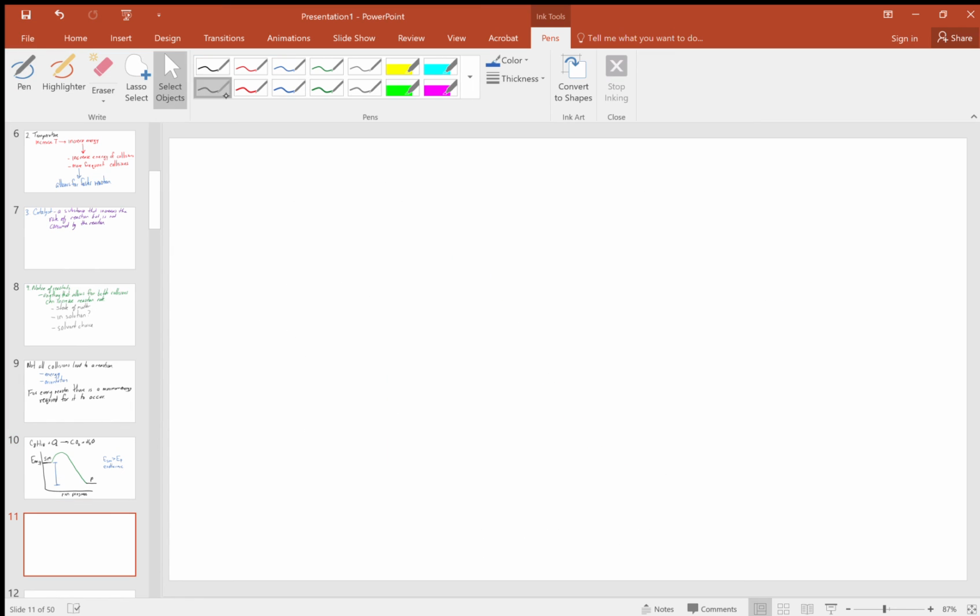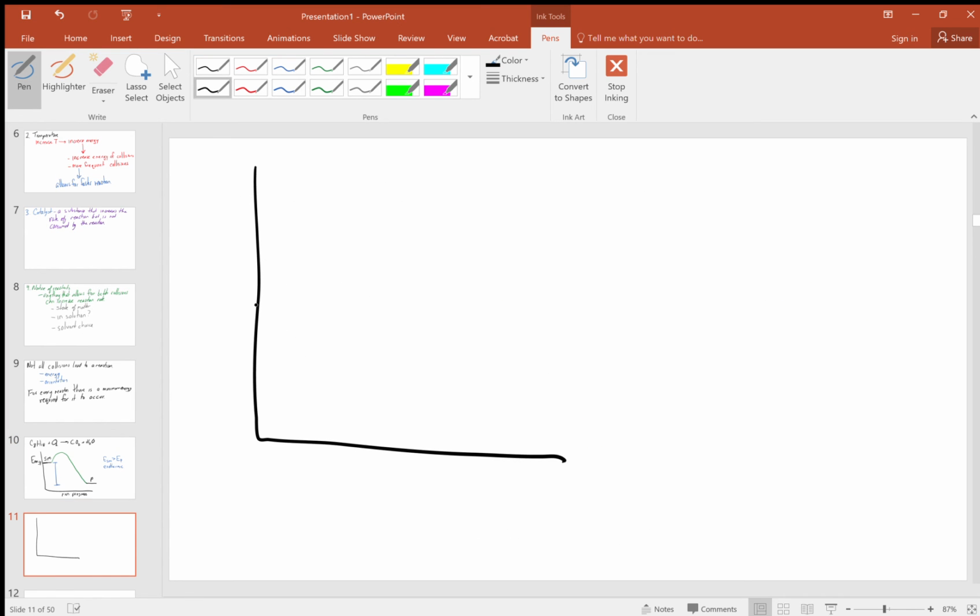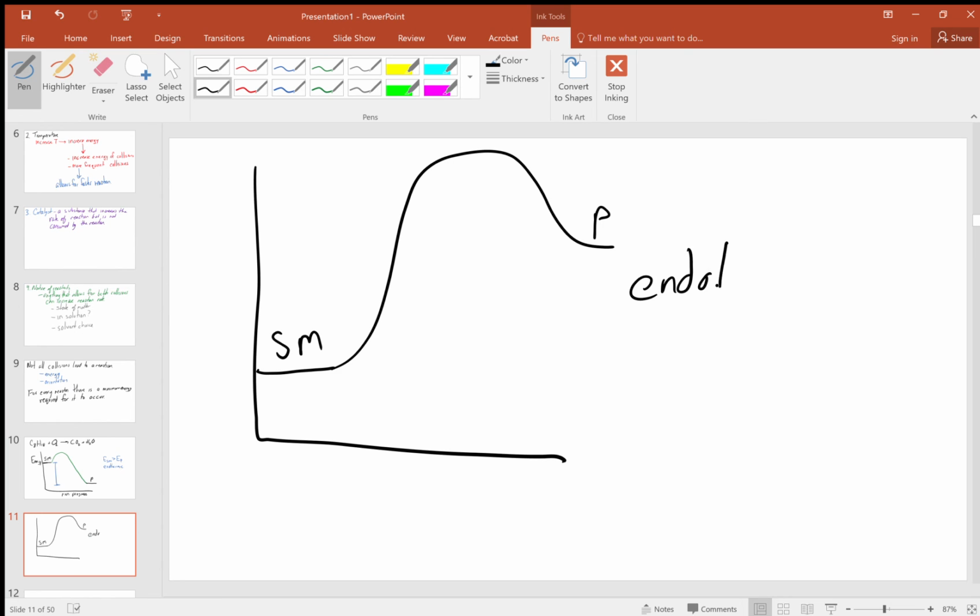We can also have reactions that go the other direction. So starting materials at low energy, products at high energy. These are known as endothermic reactions because they're taking energy in.